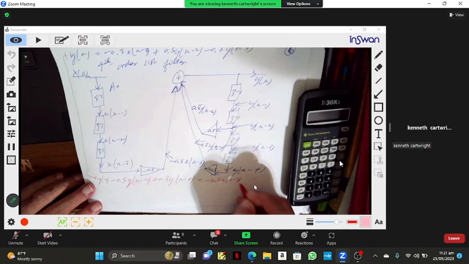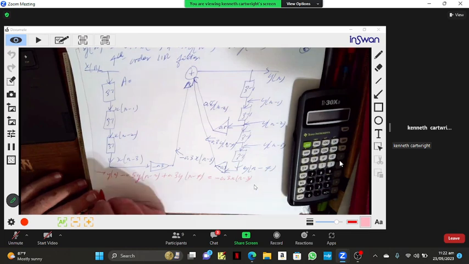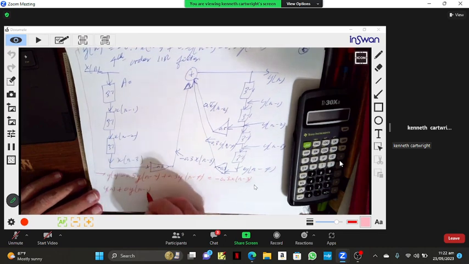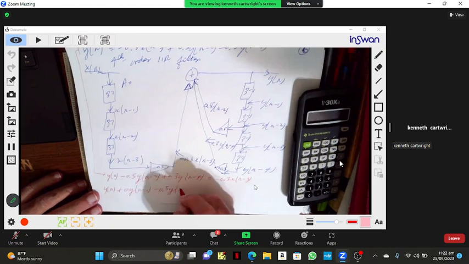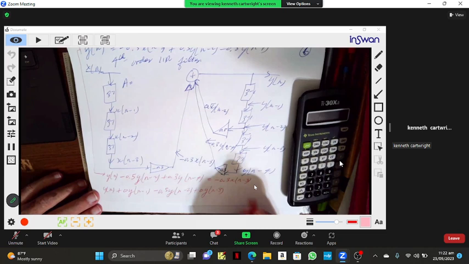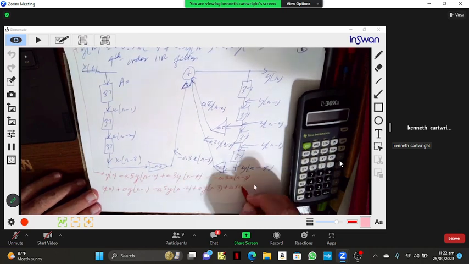The second step is write in all the delays. So this is y of n plus 0 y of n minus 1, minus 0.5 y of n minus 2, plus 0 y of n minus 3, plus 0.3 y of n minus 4.